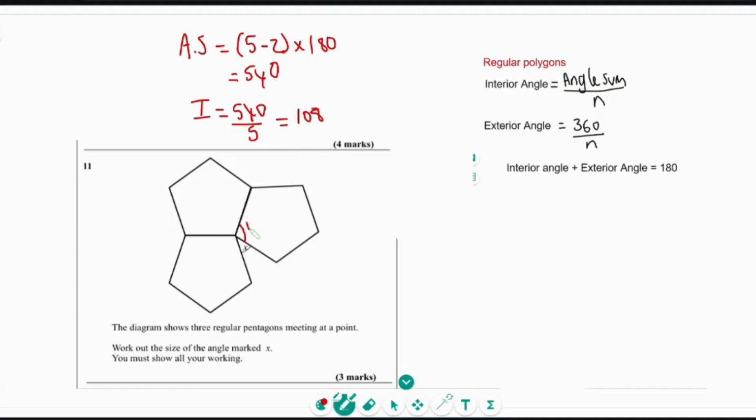So each of these angles in each pentagon is 108. Then we also know that angles around a point add up to 360. So let's take off 3 lots of 108, which is 36. So x here is 36.